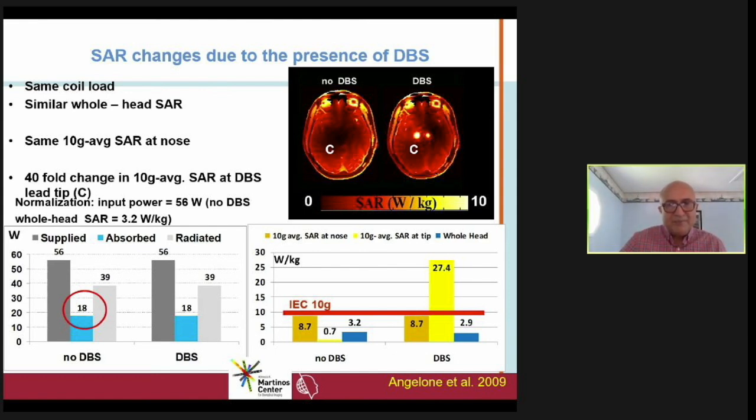And so this is essentially why the subject had a hemorrhage, because the tissue around the electrode heated up very much due to the large amount of currents that were picked up by the long DBS leads and injected through the electrodes.